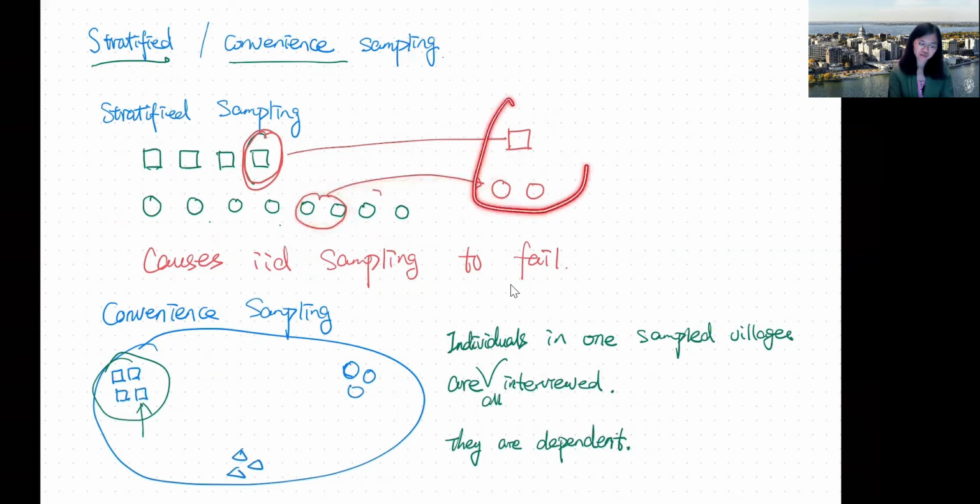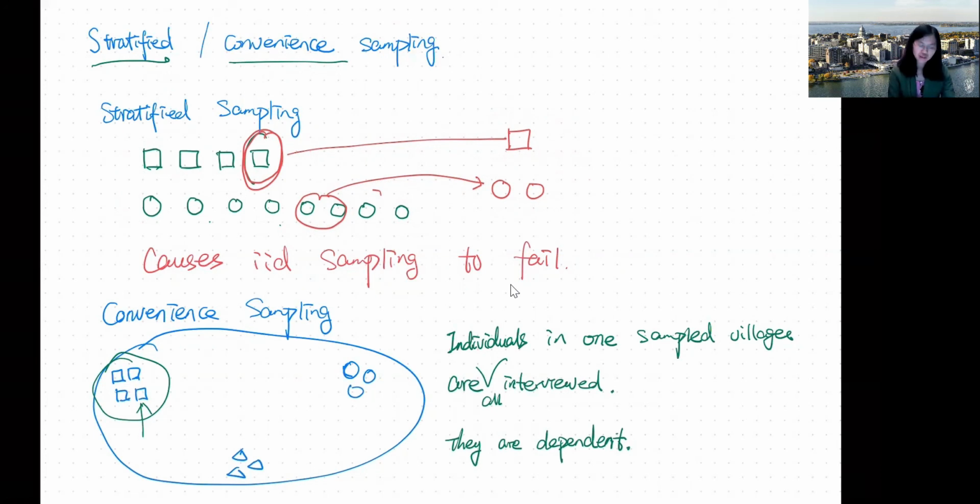Then you put all of them together, and that will be the whole sample. This sample is not an IID sample because this part of the sample and that part of the sample are drawn from different distributions. So IID sampling does fail for stratified sampling.